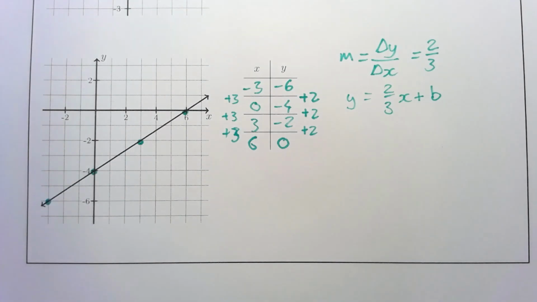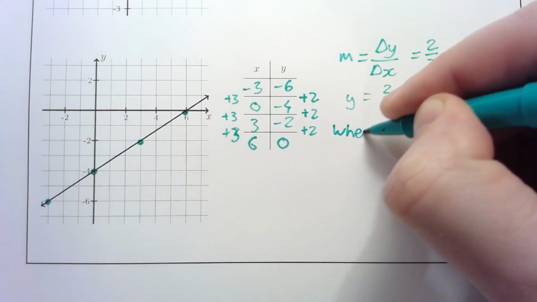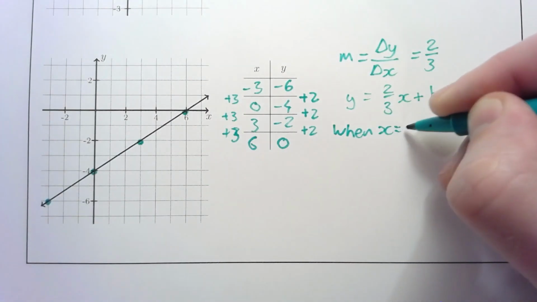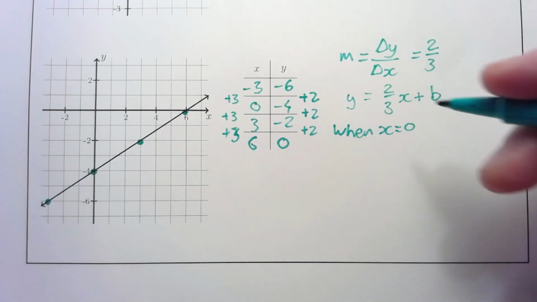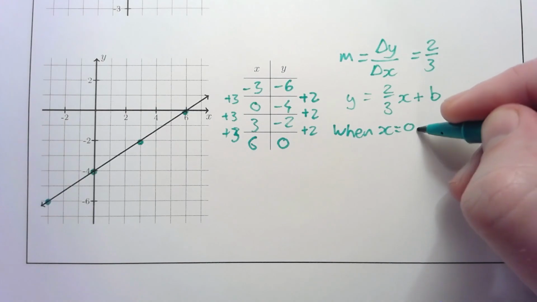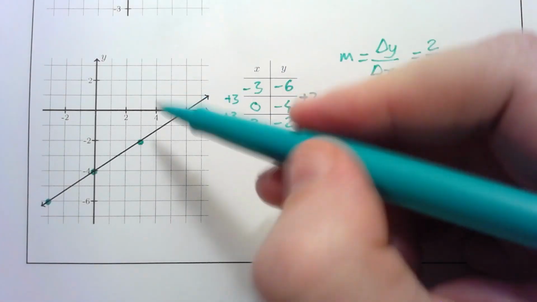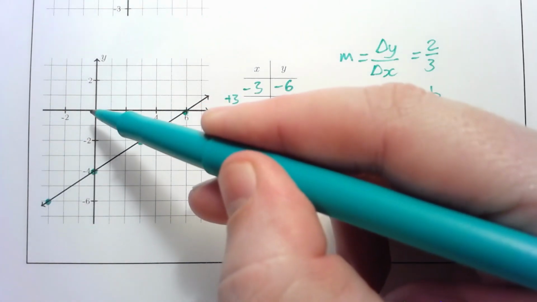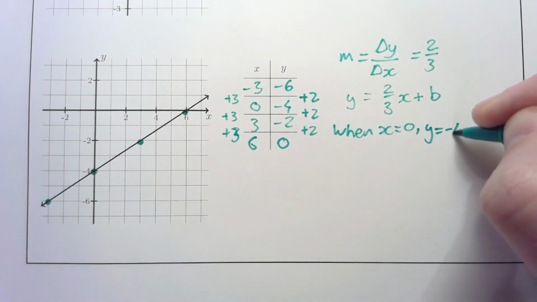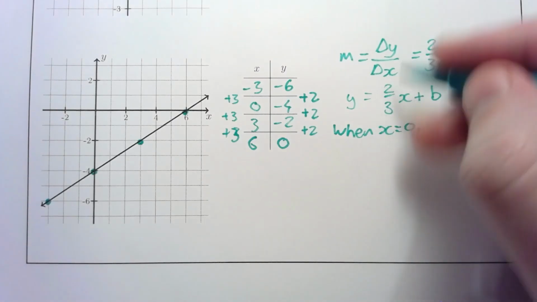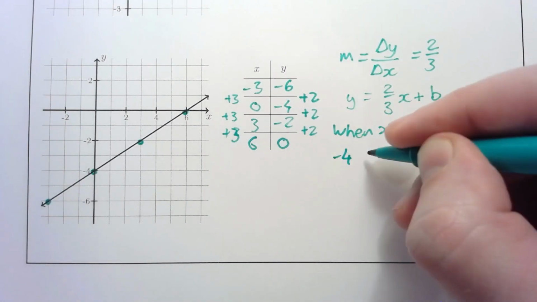Now, let's pick an entry in the table, and, well, you can probably guess what my preference is. I'm going to use x equals 0. And I really do hope you figured out why I like using x equals 0 by this point. But x equals 0 corresponds to y equals -4. We can also find this on the graph. When x equals 0, we go down to -4. So that means substituting into the rule, y is -4.